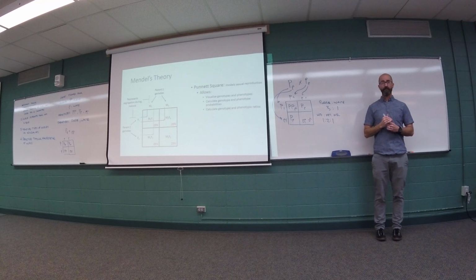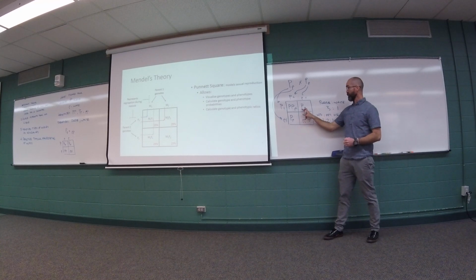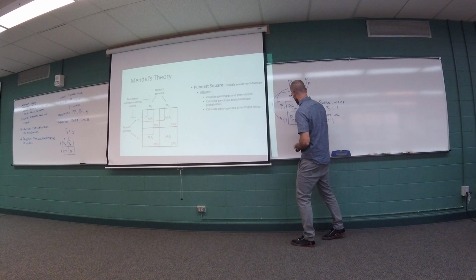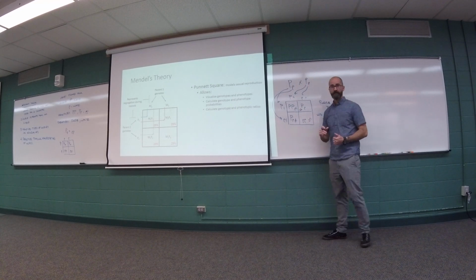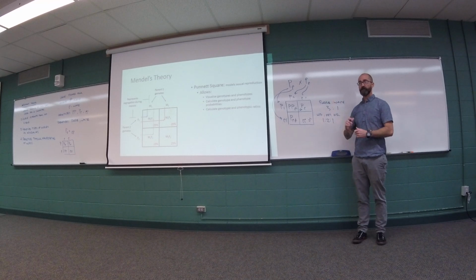It's 0.5, but why? Because the probability of each one of these is 0.25, and there are two of them, so we just add those probabilities together. 0.25 plus 0.25 is 0.5.